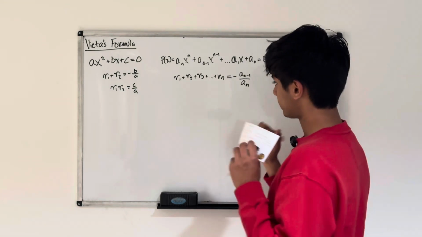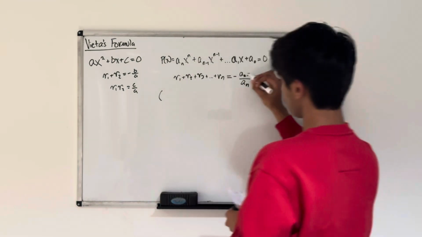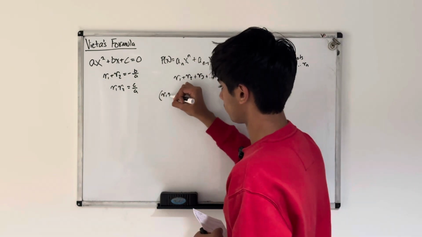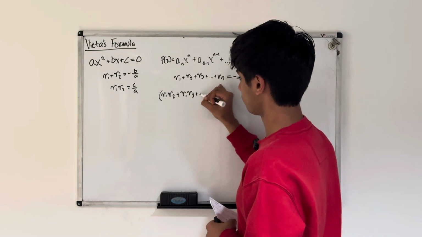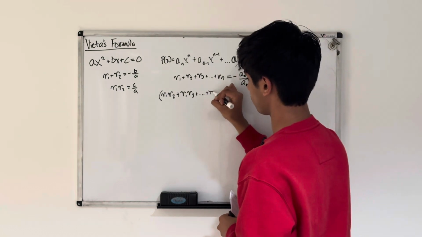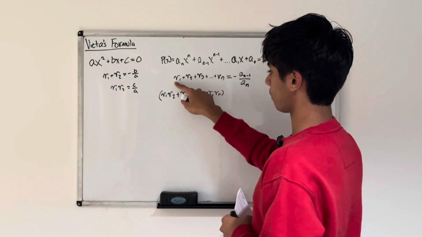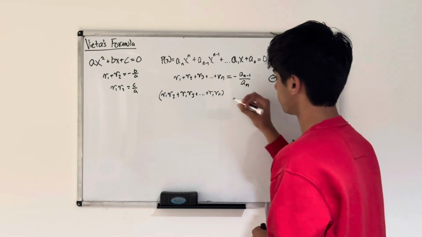Secondly, we have more equations. Our second equation would be, and notice first of all that the previous one was negative, r1 times r2 plus r1 times r3 plus, and we're going to keep doing that, plus r1 times rn. So we're taking r1 times r2, r1 times r3, r1 times r4, doing that all the way up to rn.